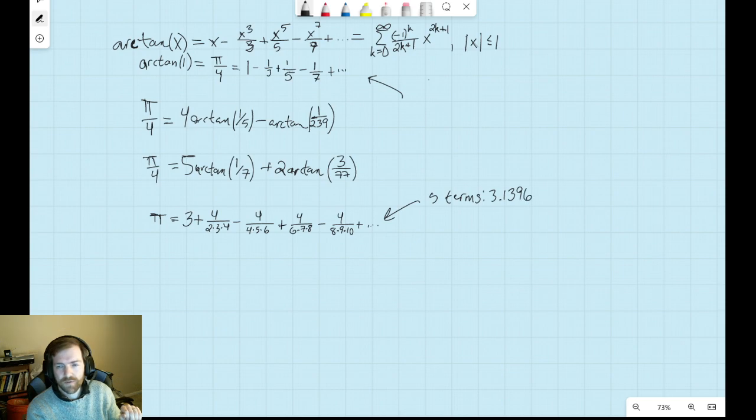So the rate of convergence on this thing is incredible. And for how simple the actual formula is, you could remember this fairly easily.